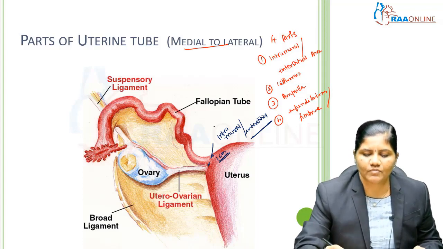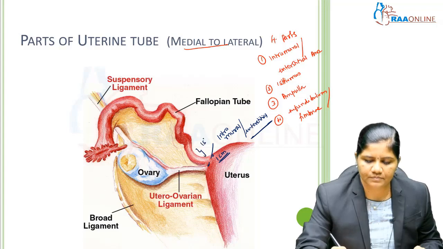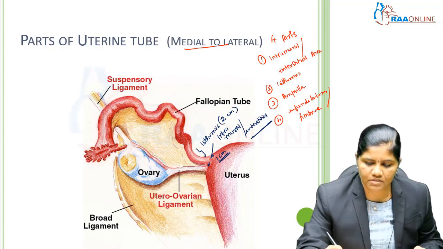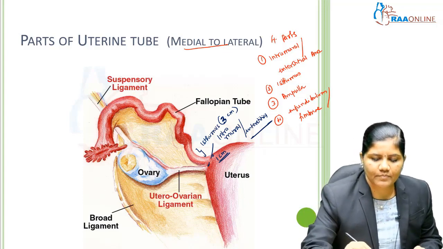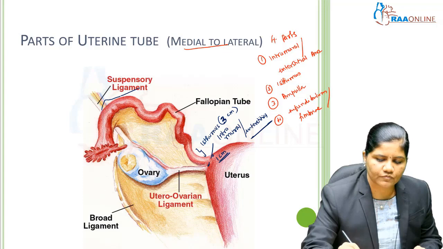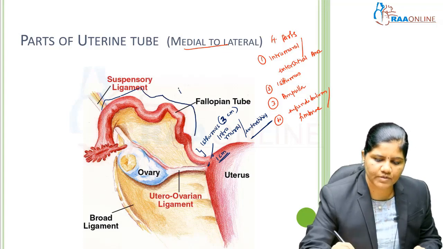Next to the intramural part is the isthmus, which is around 3 cm in length. The next one is the ampulla. Most of the length of the uterine tube is the ampulla.